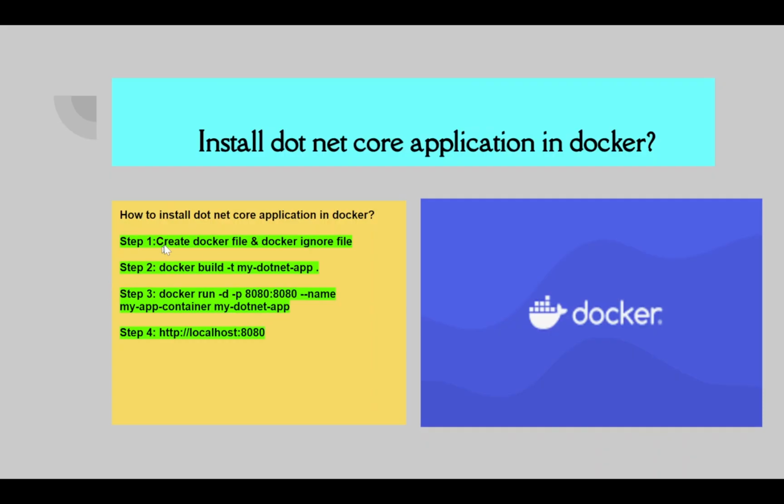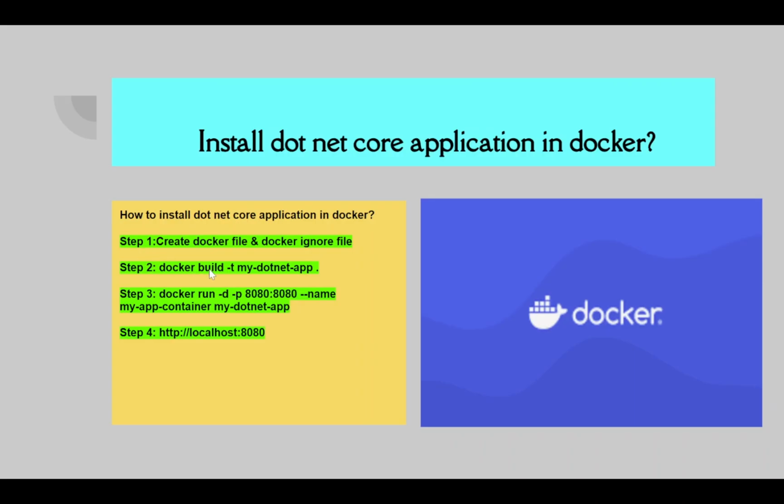So these are the steps to deploy your .NET Core application in Docker: create a Dockerfile and a .dockerignore file. I've shown how to create them using Visual Studio. You can do the same in different ways. You can explore; we will explore them next. And use the command docker build -t, the image name, dot.